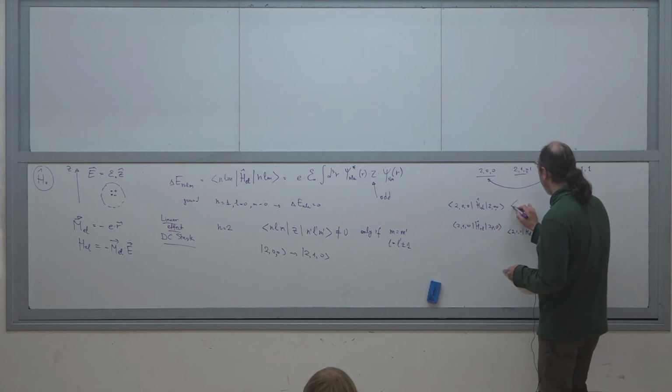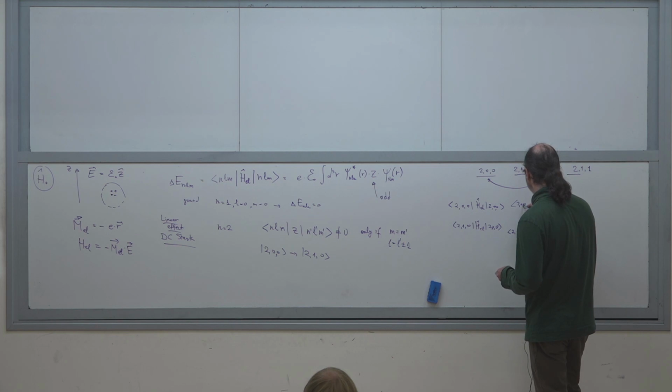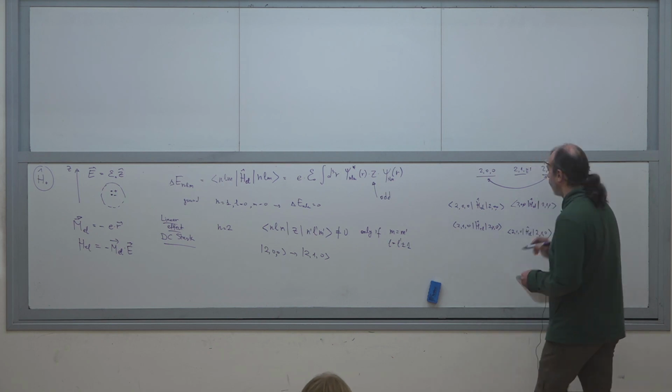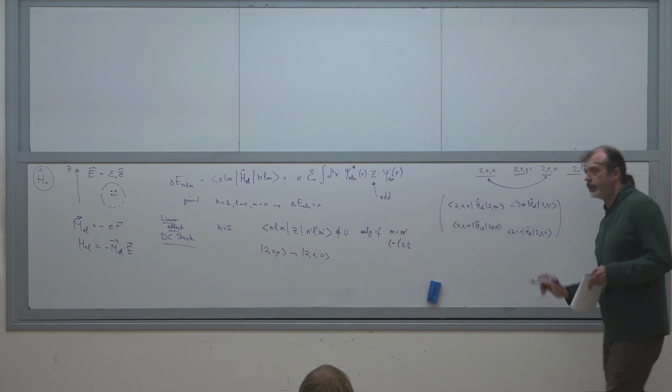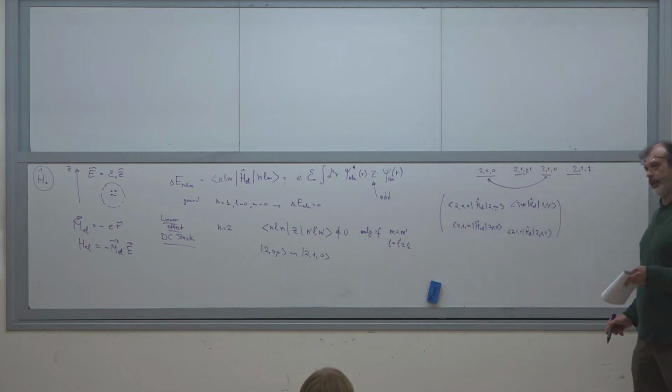And here I have the opposite, 2,0,0 with this Hamiltonian with 2,1,0. That's the matrix I have to diagonalize in order to find the new energy levels.